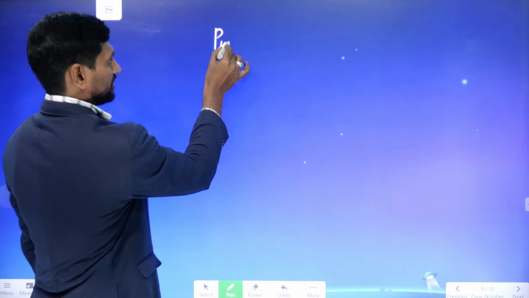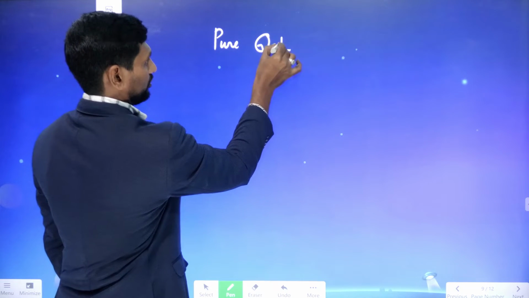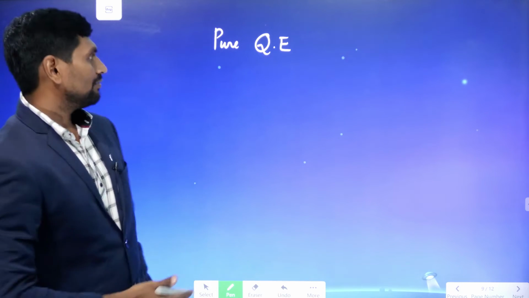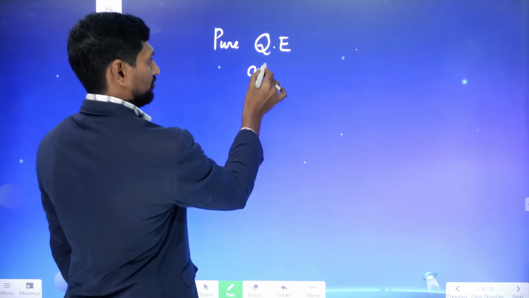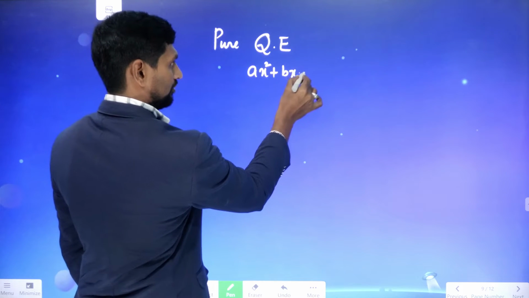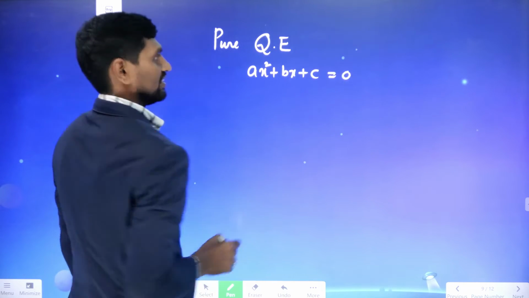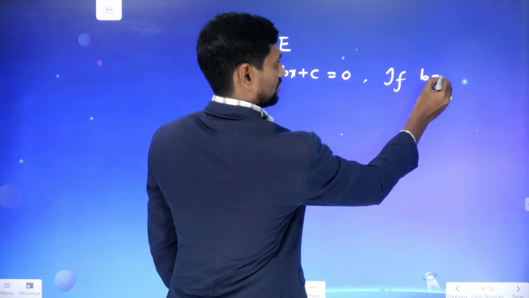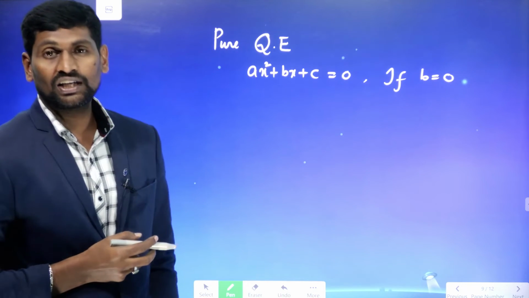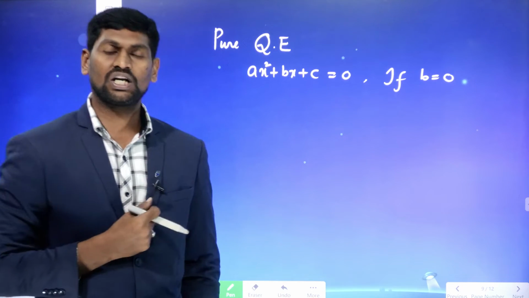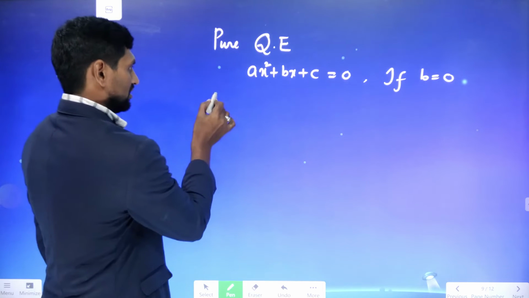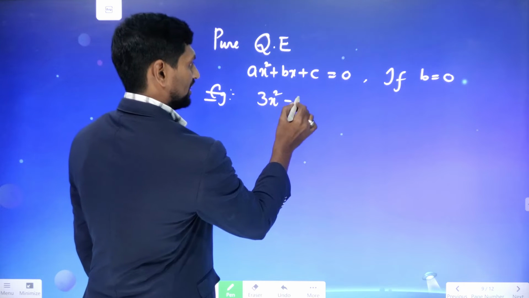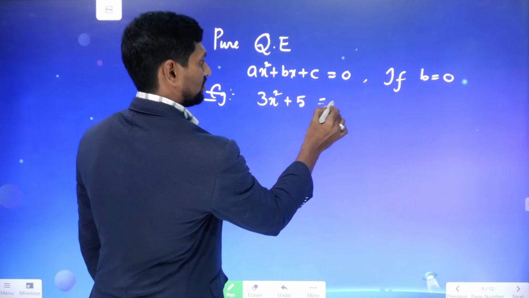Next, pure quadratic equation. I am writing the shortcut QE, which means quadratic equation. Pure quadratic equation means if you observe the general form ax square plus bx plus c is equal to 0, if b becomes 0, that type of quadratic equation is called a pure quadratic equation. Example, 3x square minus or plus 5 is equal to 0.